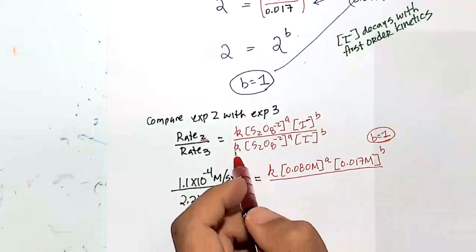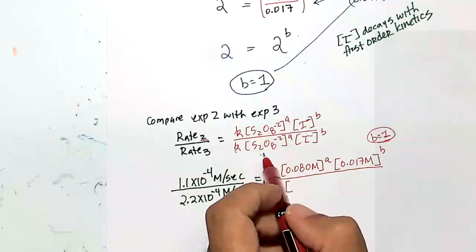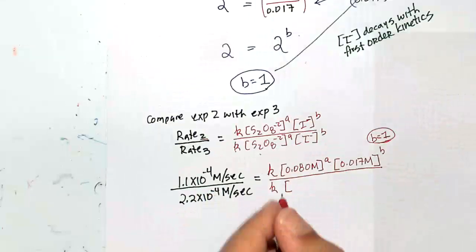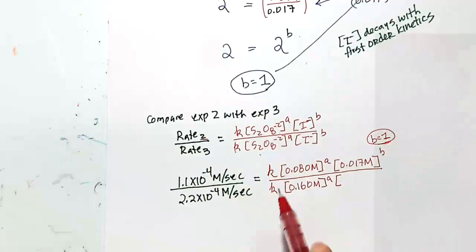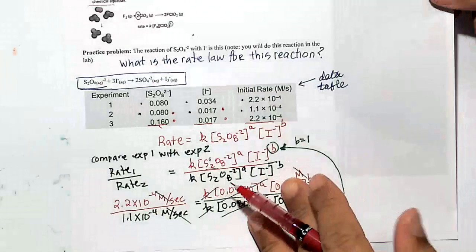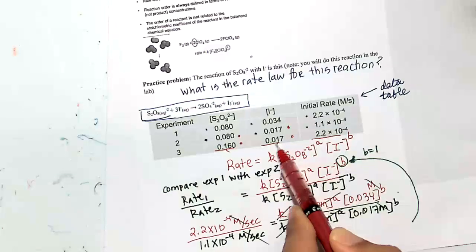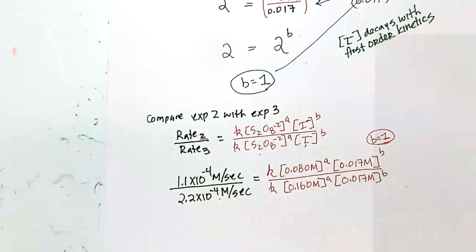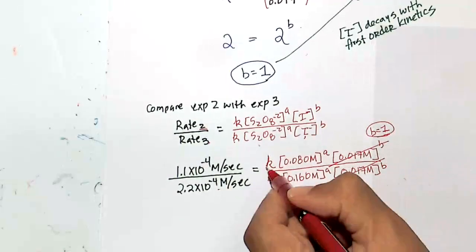Now we'll plug in experiment 3 values. What is S2O8 2- for experiment 3? 0.16 M. And what is I minus for experiment 3? 0.017 M raised to the power of B. Remember B is equal to 1, but it doesn't matter, because this will cancel with this.